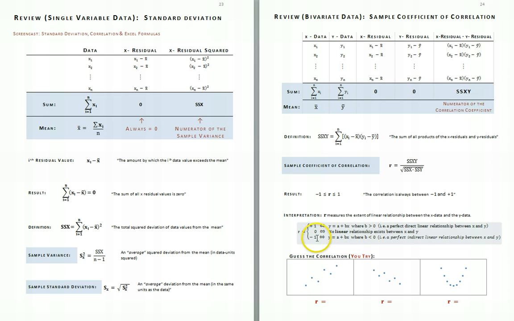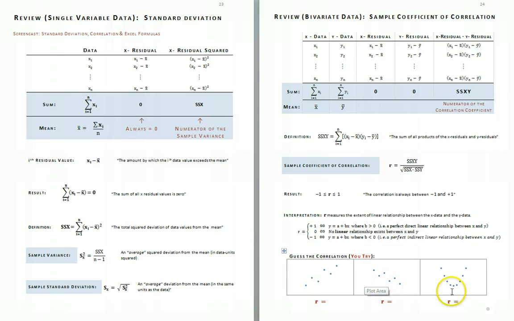Going down to the last option here, when the correlation coefficient is -1, again, the Y and X data are related linearly, except now the slope is negative. When the correlation coefficient is 0 or near 0, there is no linear relationship between the X and Y data. And by the way, that doesn't say there isn't any relationship, just no linear relationship.